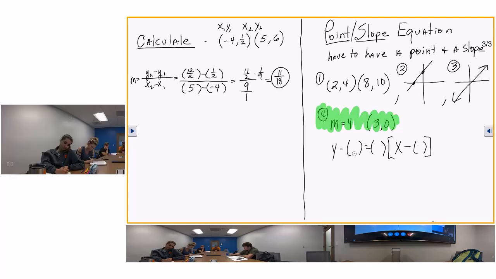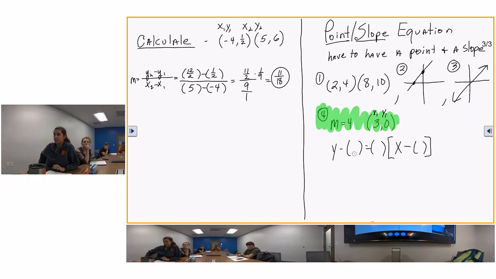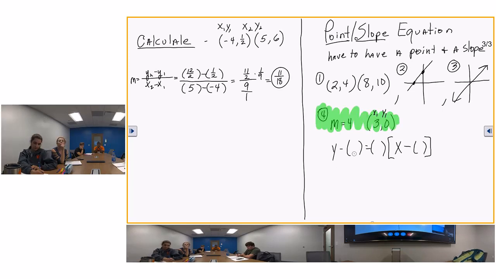Which way do we read? Left to right. So this is x sub 1, this is y sub 1. Y minus what? The 4.